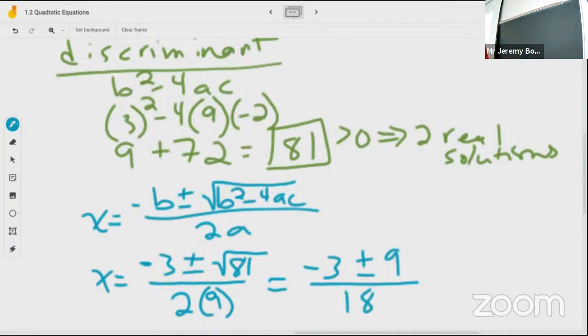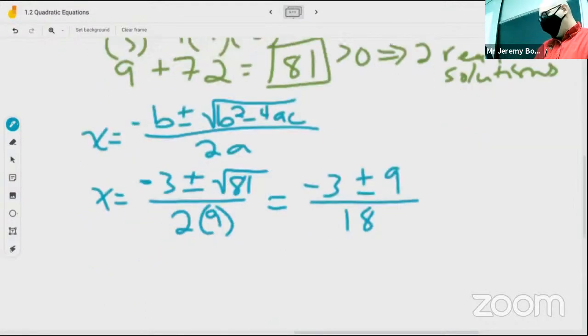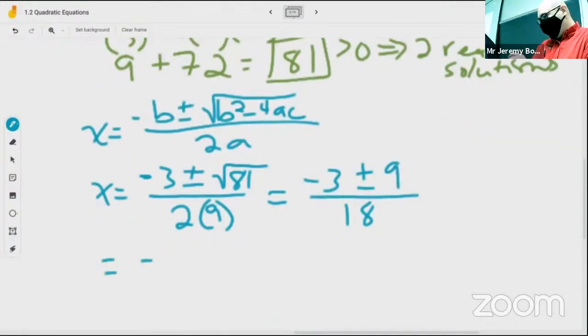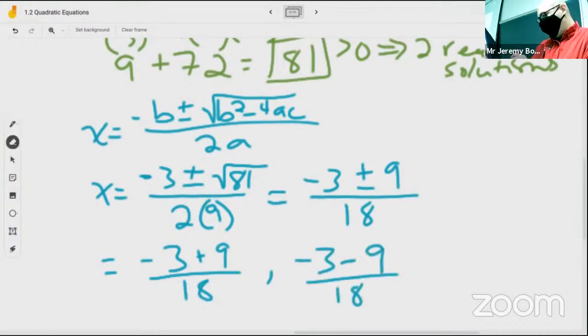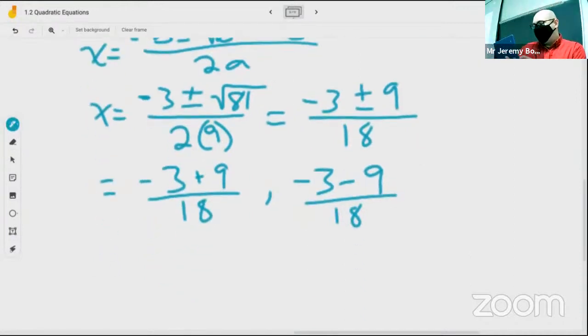At this point, if you're able to completely evaluate the root, meaning the root is gone and it's just a whole number, we can do this arithmetic. It's going to become 2 arithmetic problems: -3 plus 9 over 18 and -3 minus 9 over 18. So -3 plus 9 will be 6, and we're going to reduce that. -3 minus 9 is -12.